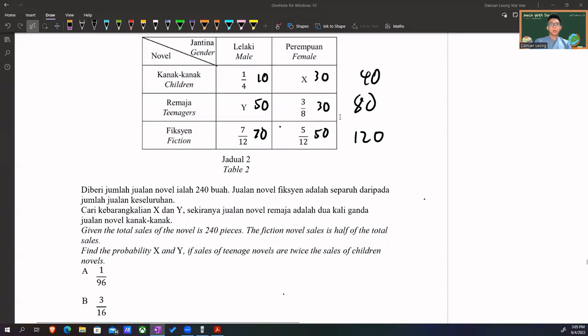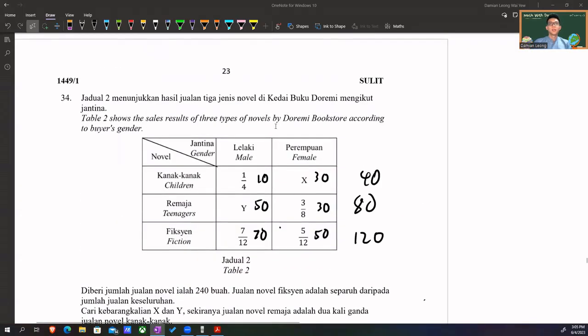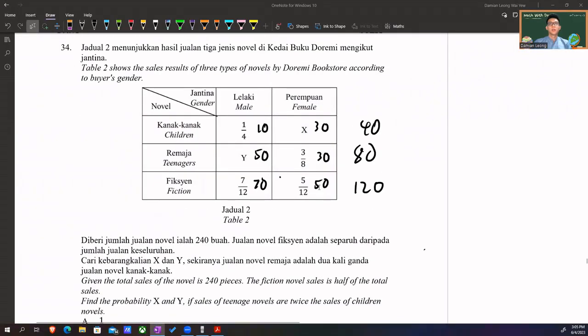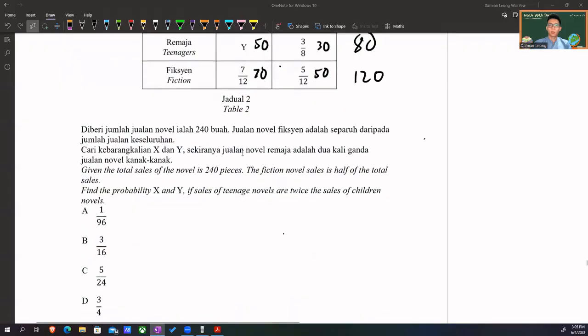Find the probability of X and Y. Actually, this question doesn't really make much sense. If I consider the fraction as how many there are, then this will be the number of sales for each. It's 3 over 8 of the 80, and this should be 5 over 8 of the 80.